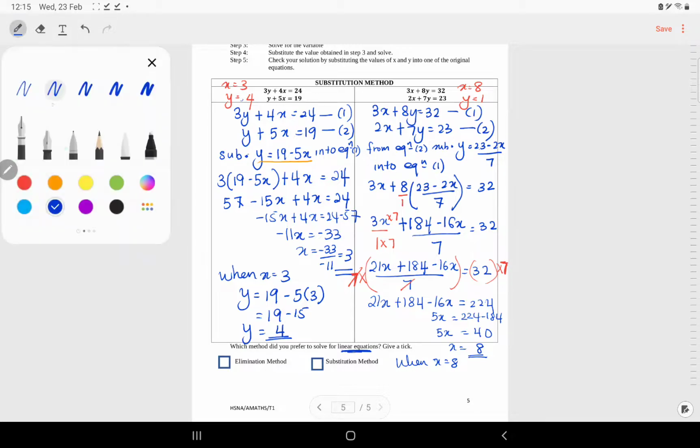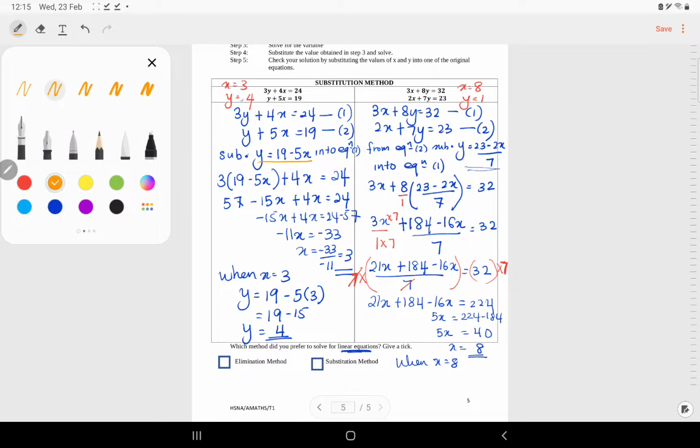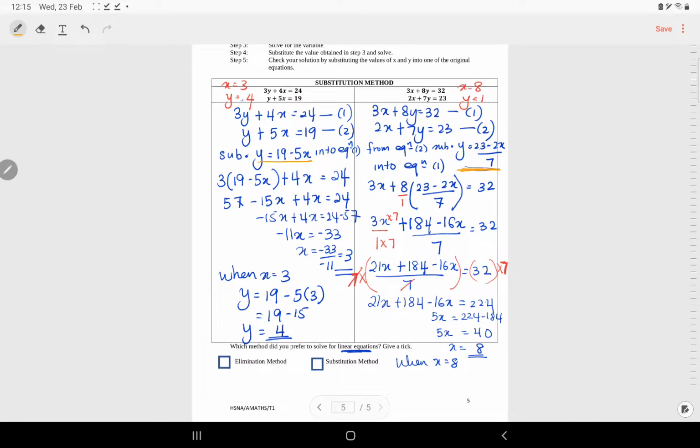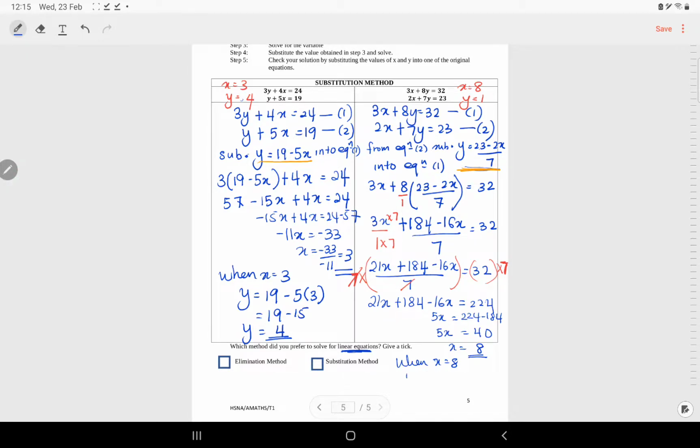Substitute into the expression we had just now. We had y equals 23 minus 2. I'm running out of space, so I'm going to substitute my x in there. So 8 over 7.